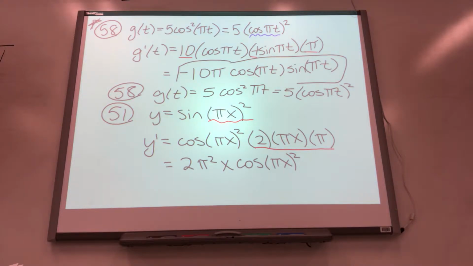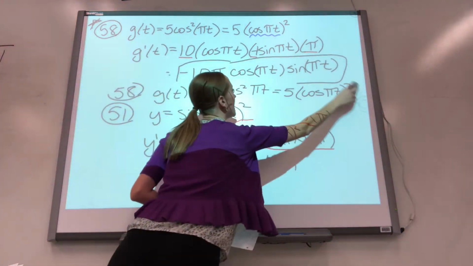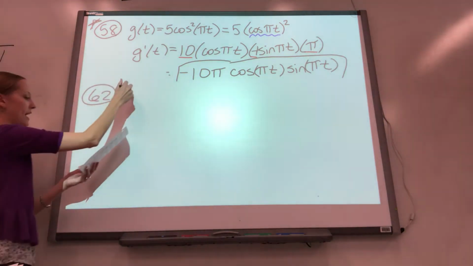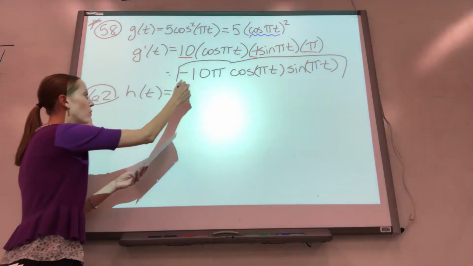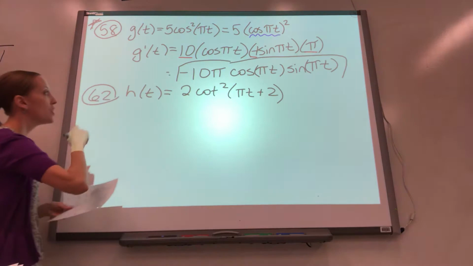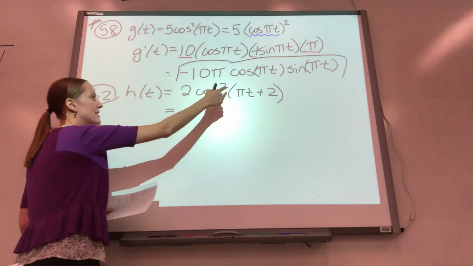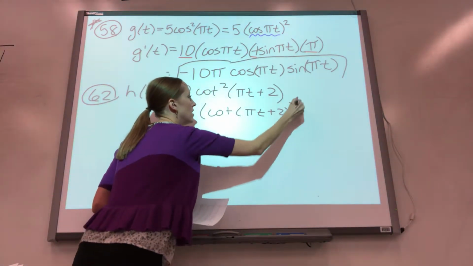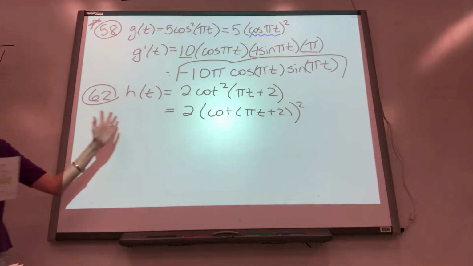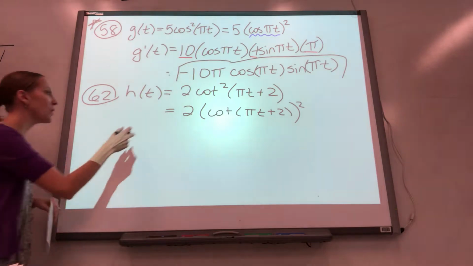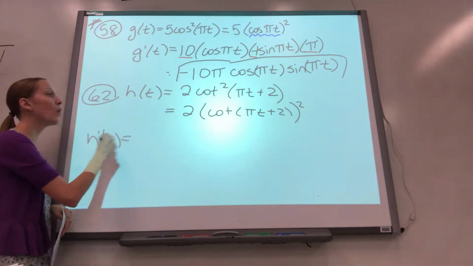All right, and then 62, the very last one. It might be helpful to look at this one up here as well. 62 had h of t equals 2 cotangent squared of pi t plus 2. It is an entire trig function being squared. The 2 can stay out front, but the entire cotangent of pi t plus 2 is being squared.